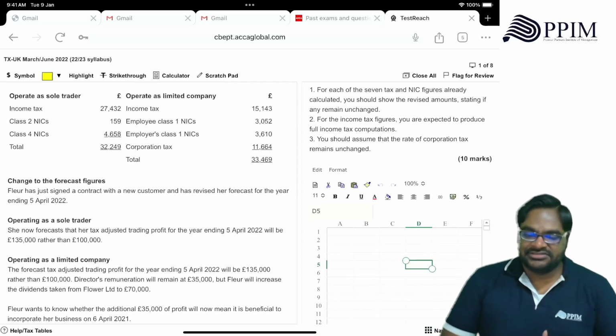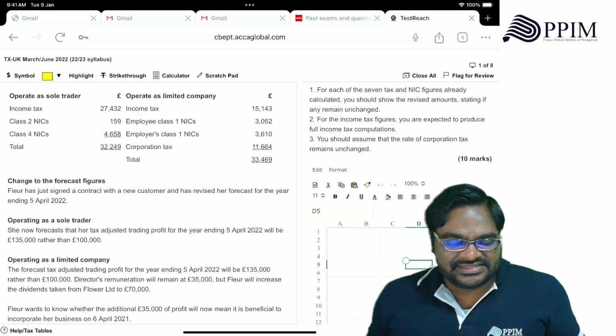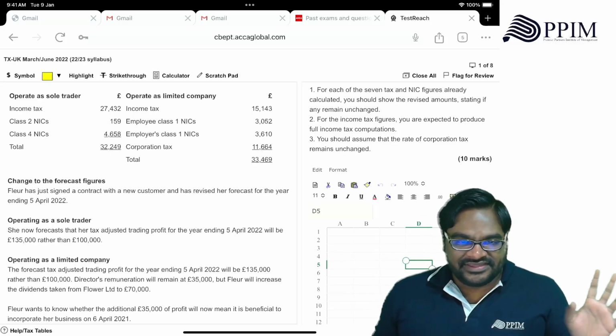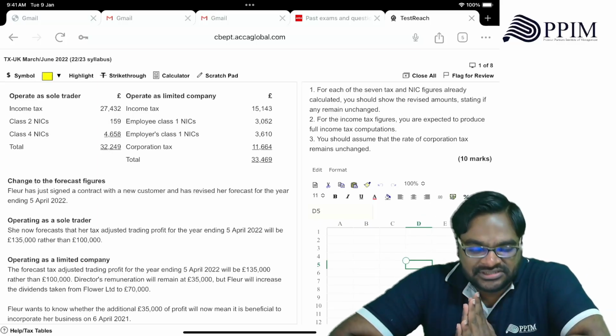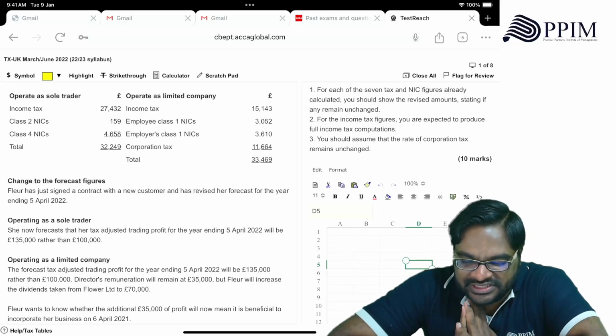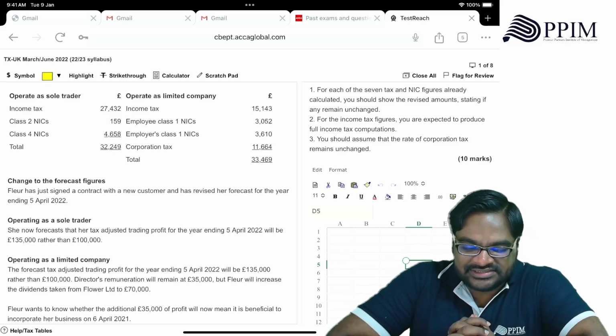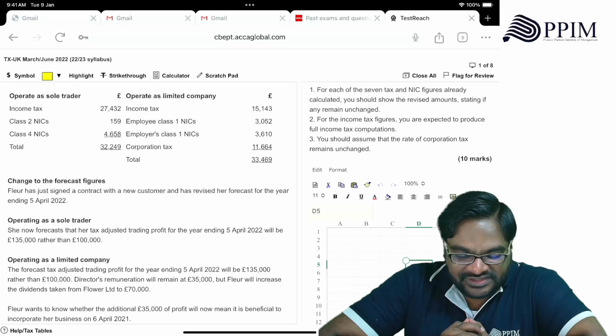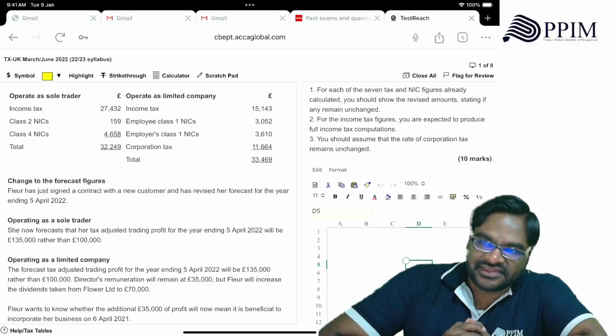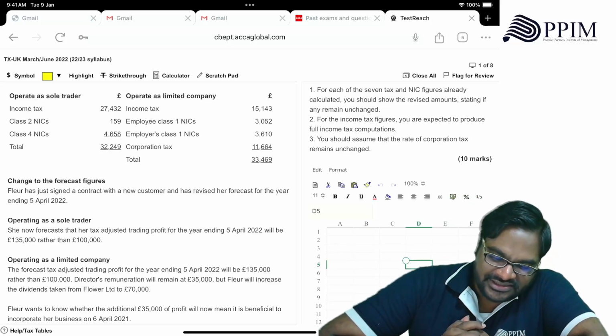So then, the change to the forecasted figures. That means there are going to be some changes to these figures that they have forecasted. Fleur has just signed a contract with a new customer and has revised her forecast for the year ending 5th April 2022. She now forecasts that her tax adjusted trading profit will be £135,000 rather than 100,000.